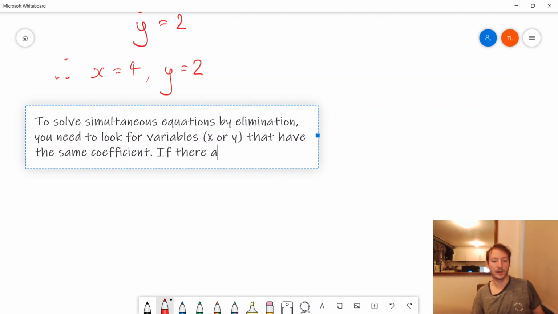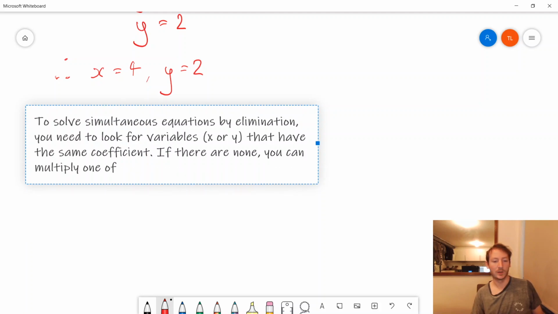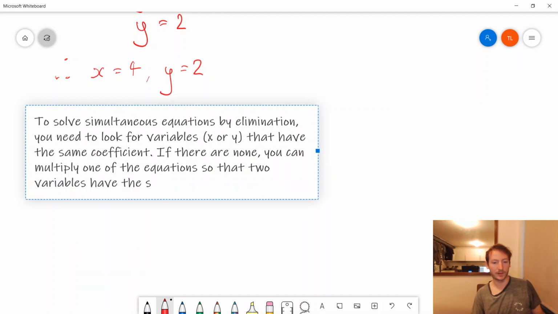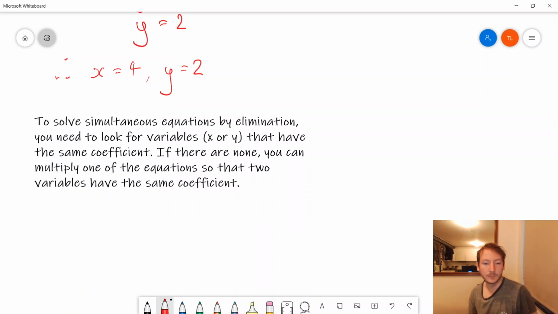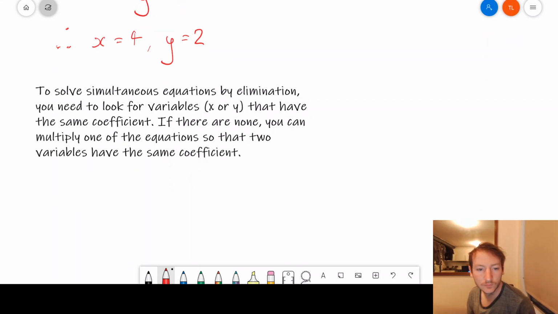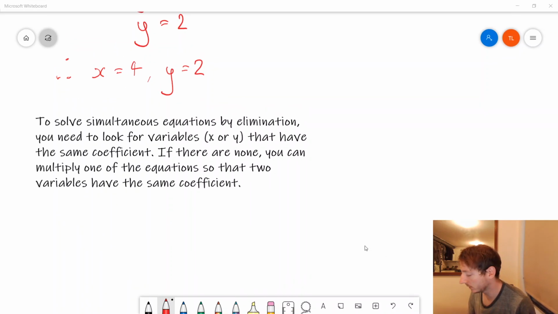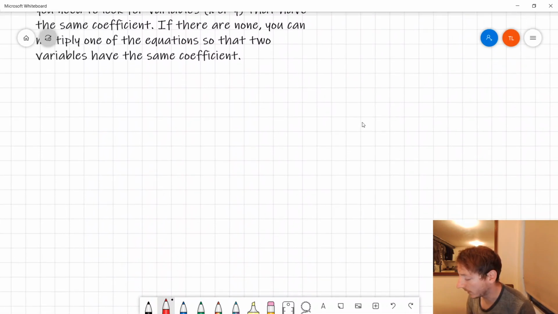If there are none, you can multiply one of the equations so that two variables have the same coefficient. No, wrong screen. Alright.